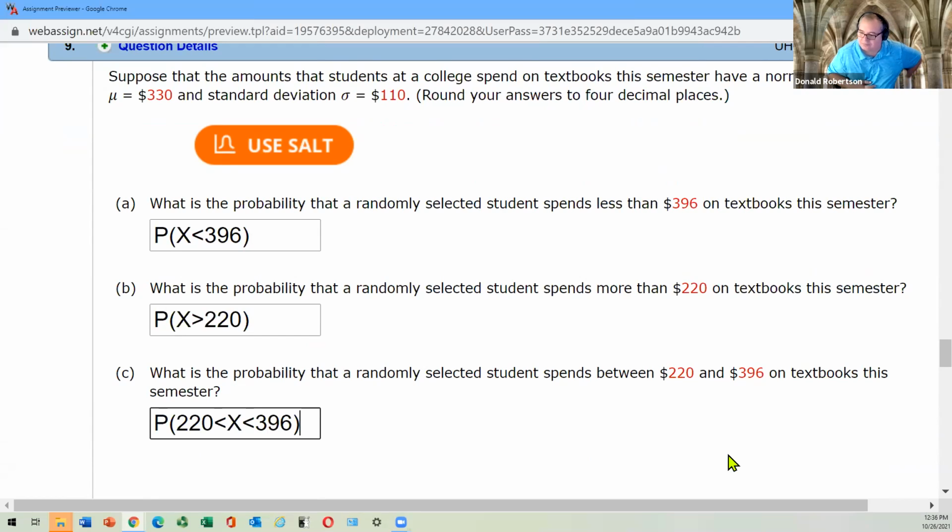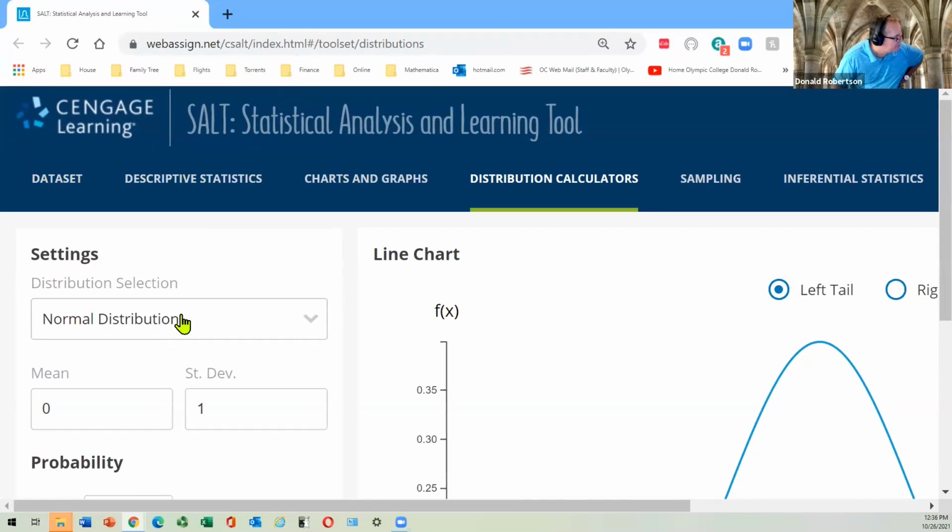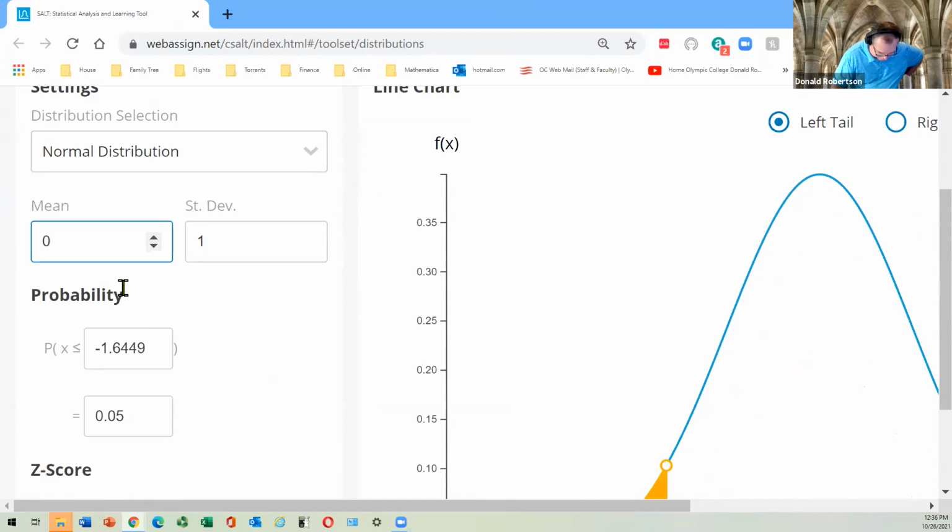Okay. Now, the real answers are going to be the numbers that you get from Salt, but the written ones are there to help me, and I'm writing them down again because they'll disappear in a minute. Okay, so I'm going to hit Salt. Here we go. And I'll bring this guy over to the front. And it's a normal distribution.